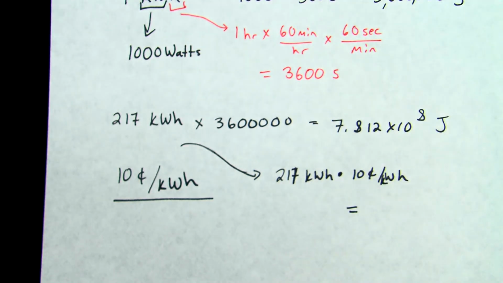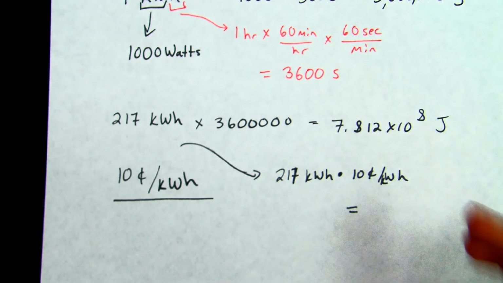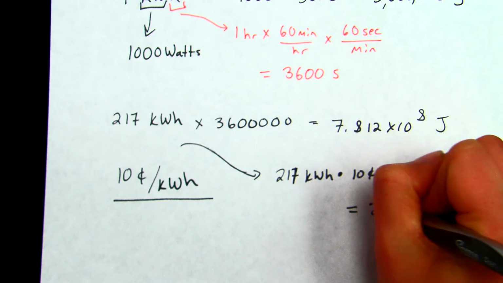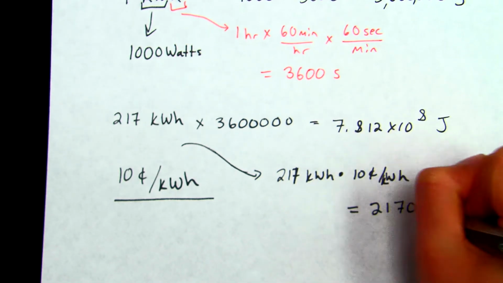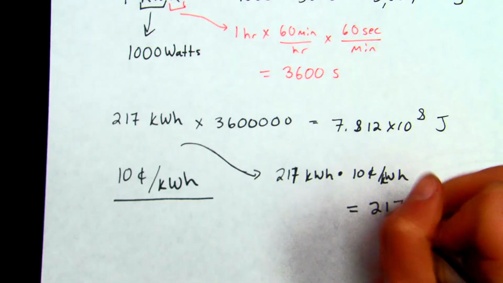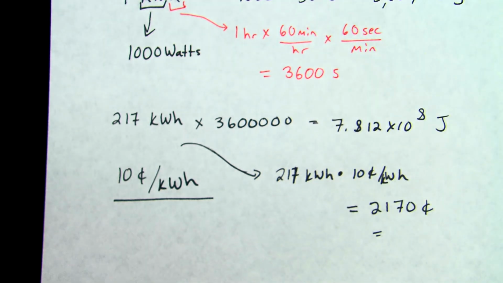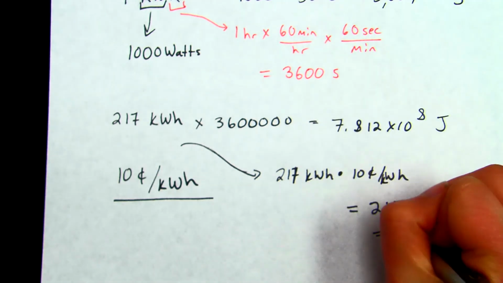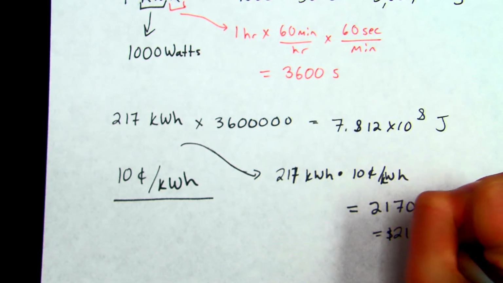And your electricity bill, if you only use 217, would be 2170 cents. And we don't typically talk in cents like this. So instead, we would say that this is $21.70.